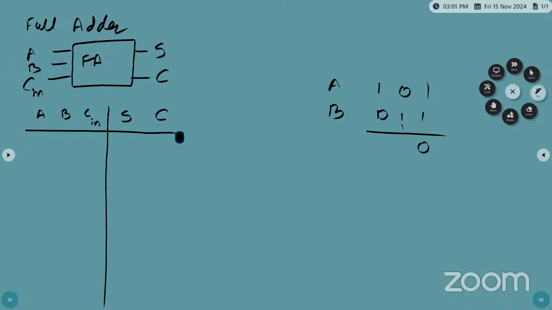What are the input combinations? With 3 inputs, we take all possible combinations: 000, 001, 010, 011, 100, 101, 110, 111. Now we can do the 3-bit addition here.